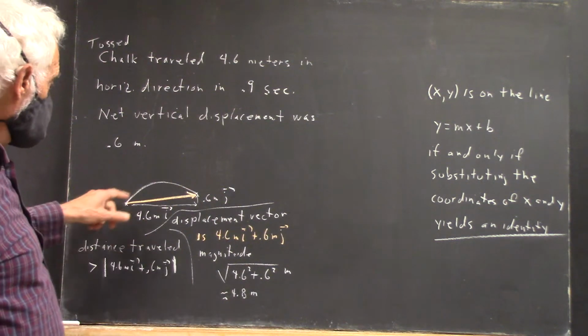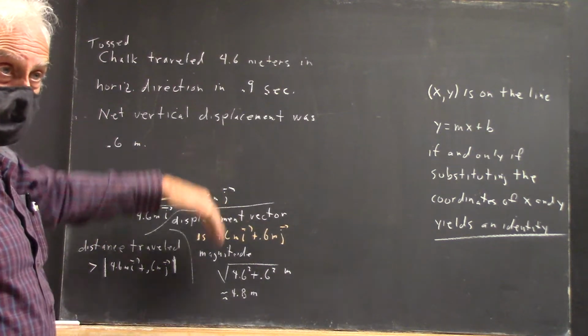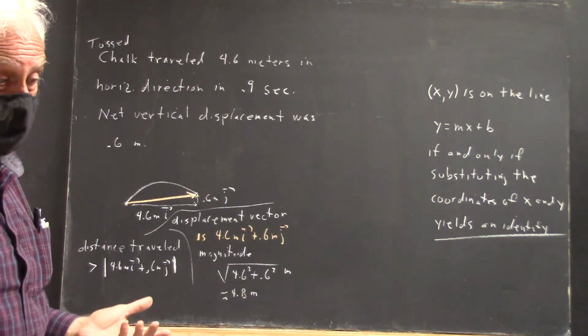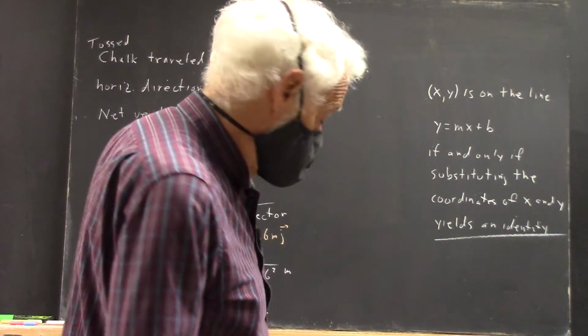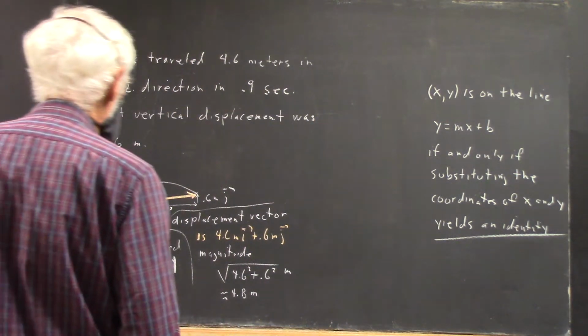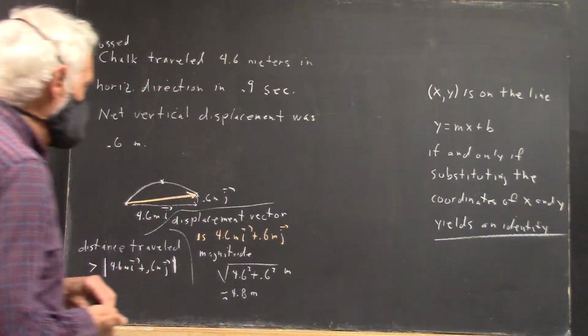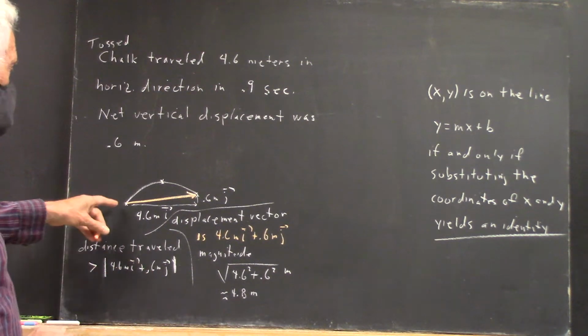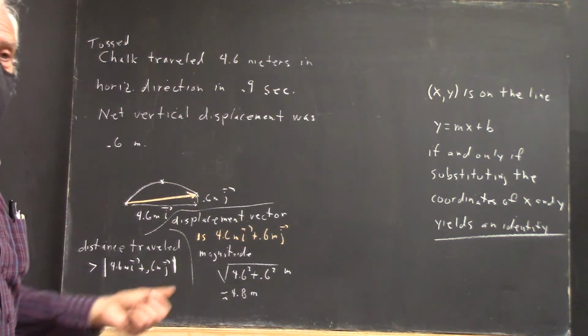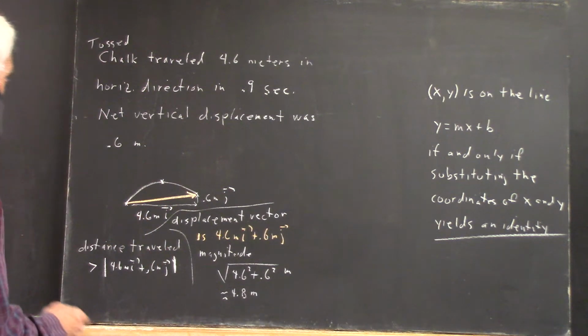Shortest distance between 2 points is a straight line. That's not what the thing traveled. It traveled an arc. The arc had a high point, and the arc, it turns out, is a parabola. We can prove that in a minute, but I'll just say it.